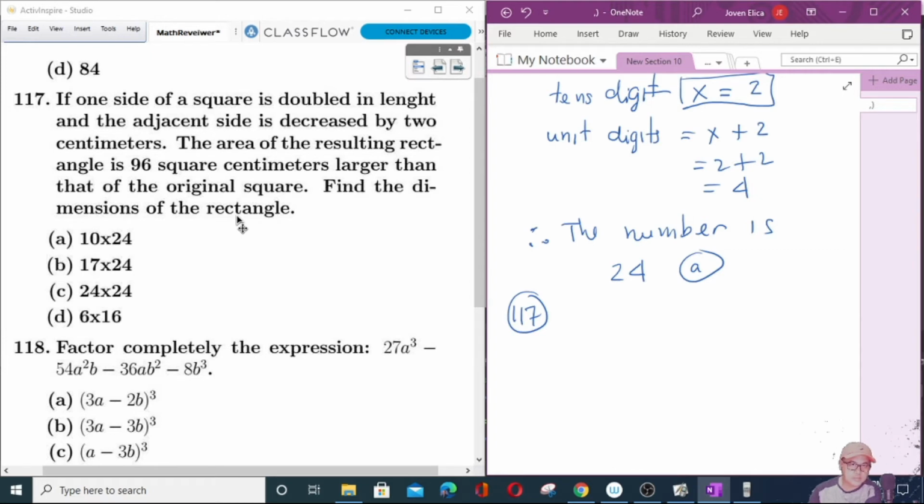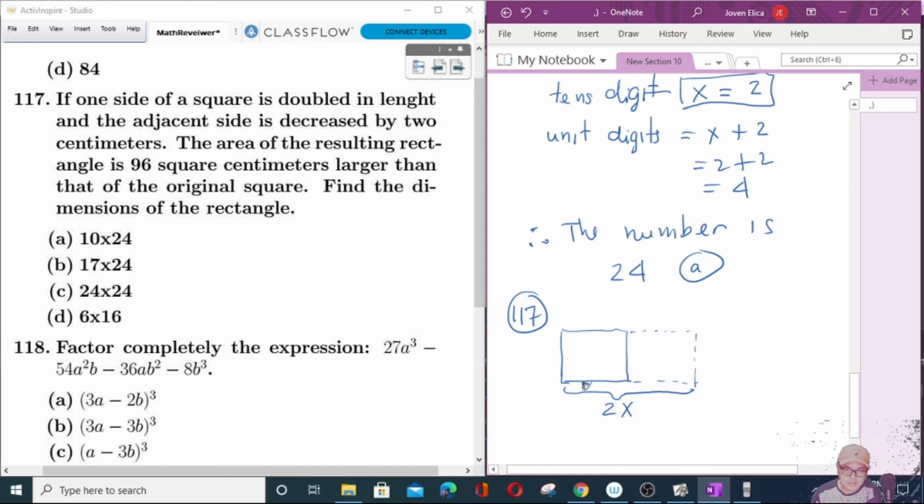If one side of a square is doubled, so let's try to draw. For example, we have a square. It said if one side of the square is doubled, so let us double it in length, so it's like 2x.